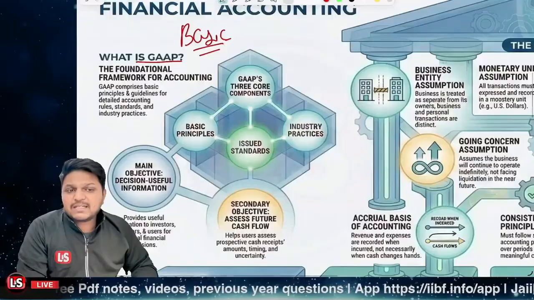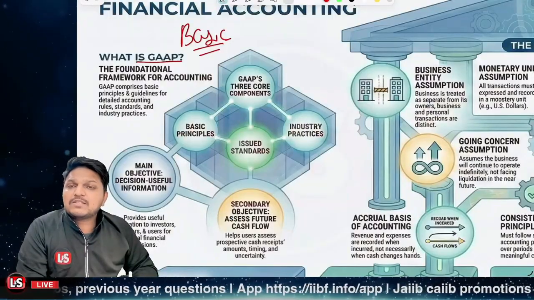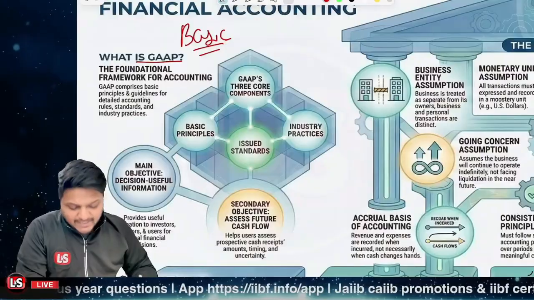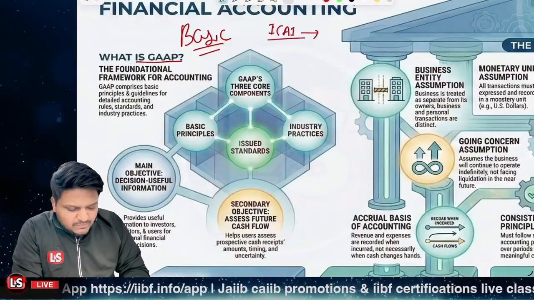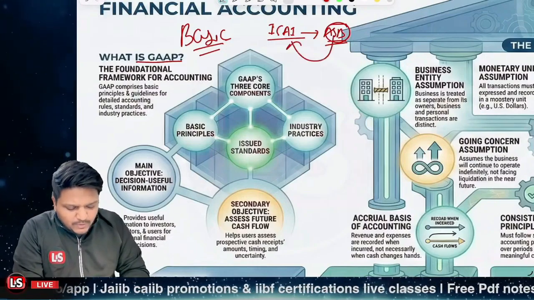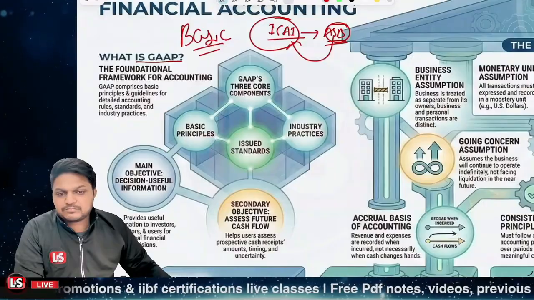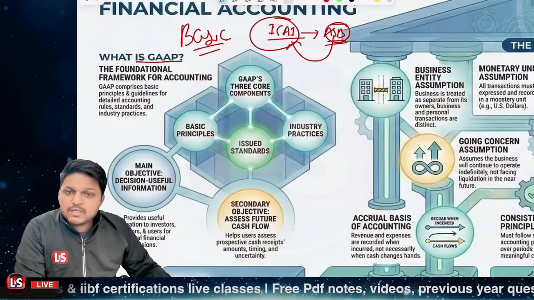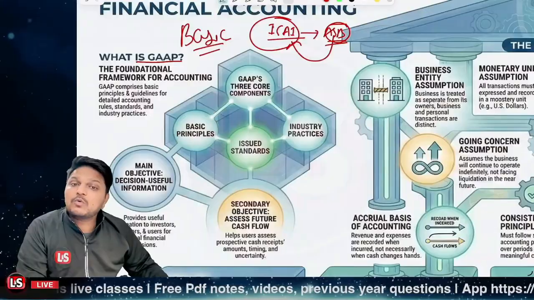And in India, as I told you, the accounting standards are constituted by whom? By ICAI. As I told you, ICAI set up the ASB, ASB tells the standards and informs ICAI, and ICAI mandates those standards, right? The basic accounting principles may not be a direct part of the accounting standards.